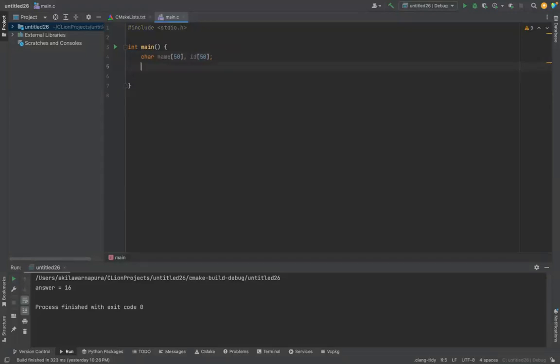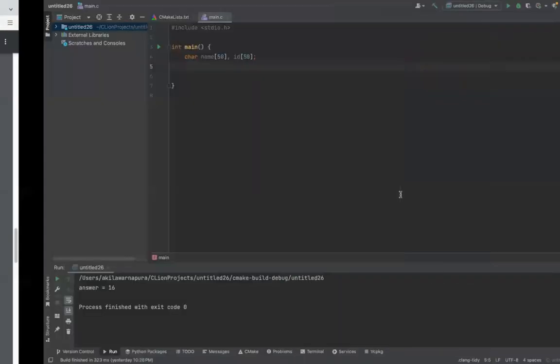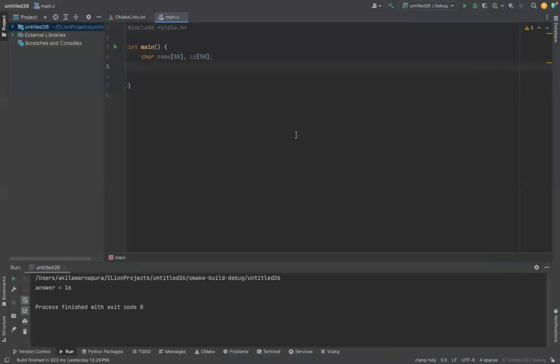Then before asking the user, you need another integer type variable for the course duration. Let's say int d for the duration. Then you can ask the user to enter the name.